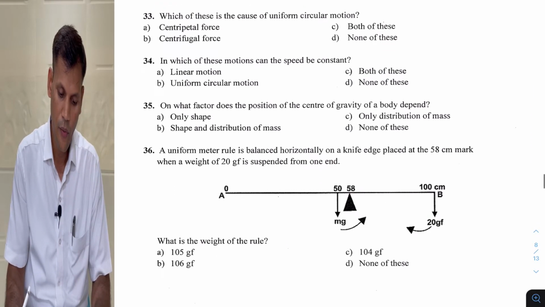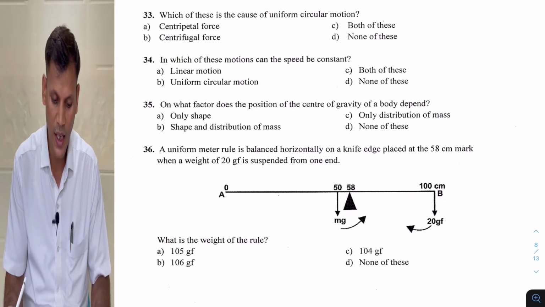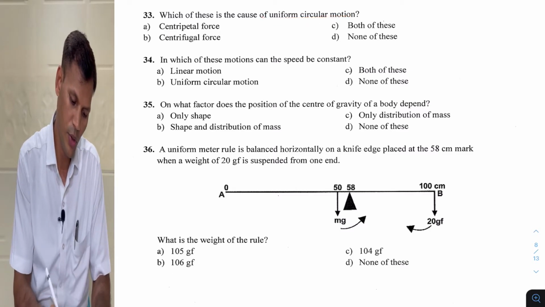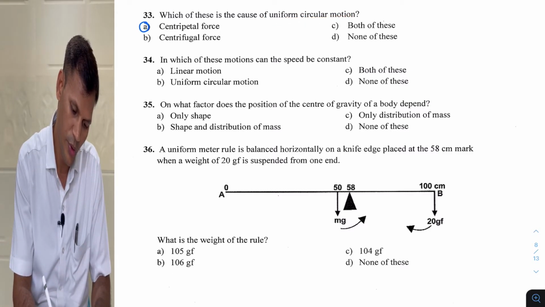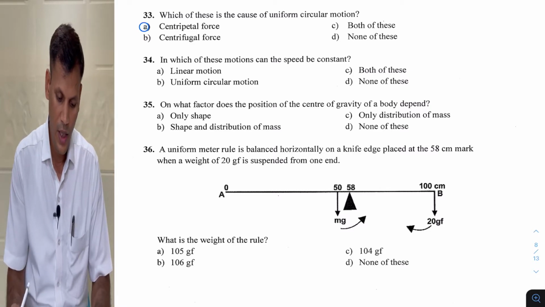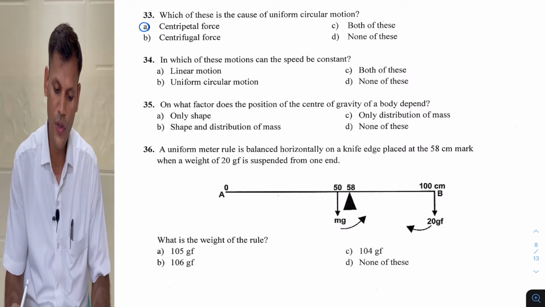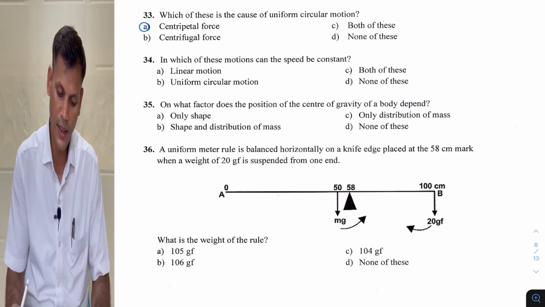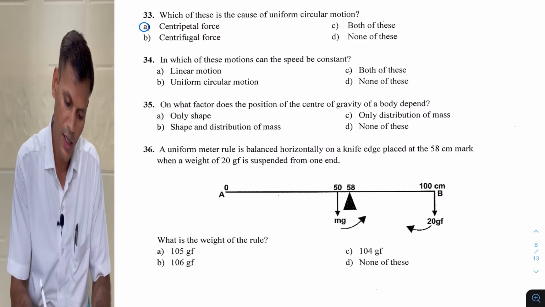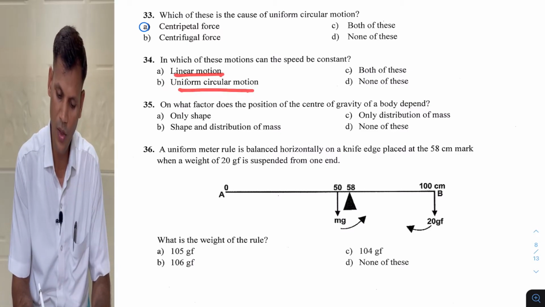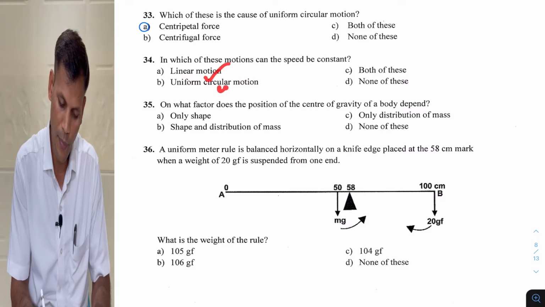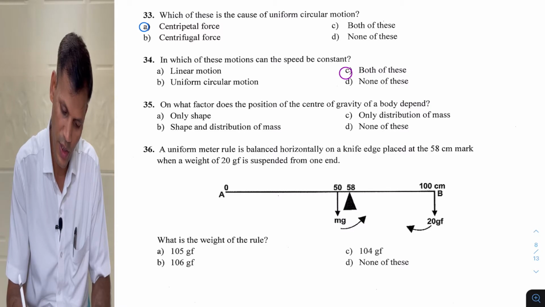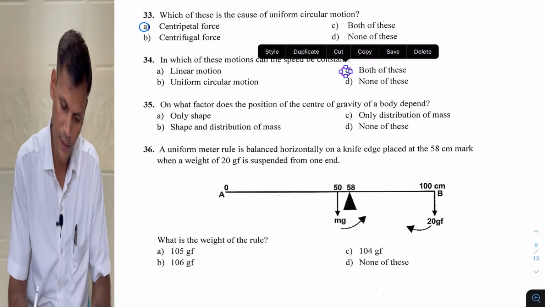Next is, which of these is the cause of uniform circular motion? So of course centripetal force. In which of these motions can speed be constant, linear motion and uniform circular motion? So in both we can have constant speed. So both of these is the answer.